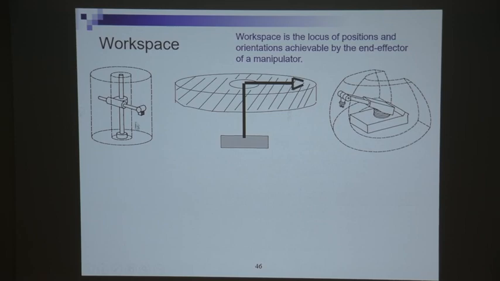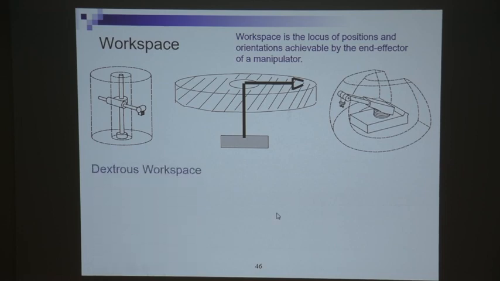For example, if we take this cylindrical robot, this shaded area will define the workspace. The manipulator can come to here, but you cannot go beyond this part, which corresponds to this void area. So this is the workspace that you are working on. Similarly for the spherical robot, in this manner, this is the workspace.